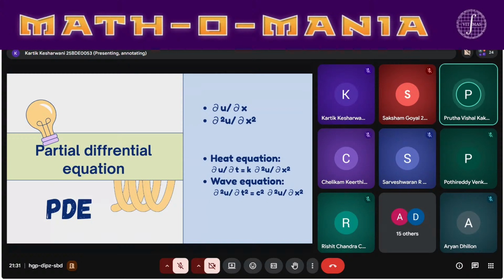These equations are often difficult to solve directly because they involve multiple variables and partial derivatives interacting simultaneously. Fourier analysis simplifies this by applying the Fourier transform with respect to the spatial variable, which decomposes the function into its frequency components.